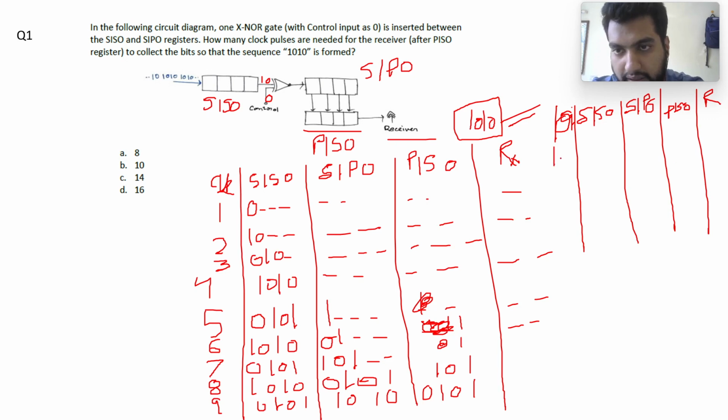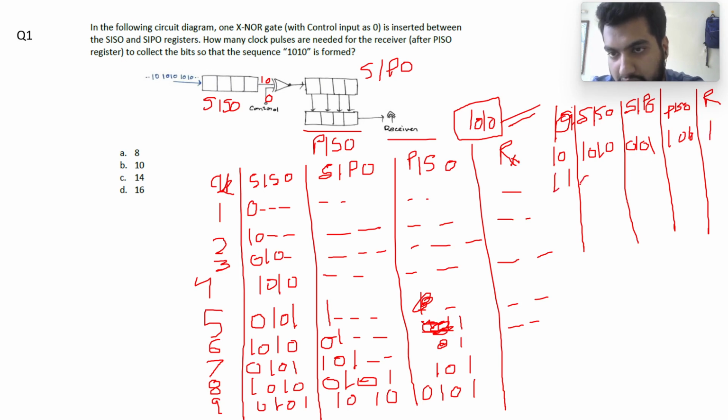So on my 10th, it will be 1 0 1 0, this will be 0 1 0 1, and this will be 1 0 1 0, and this 1 will be at the receiver.